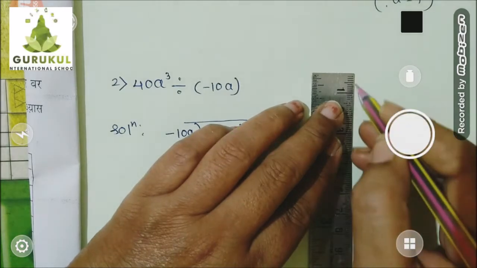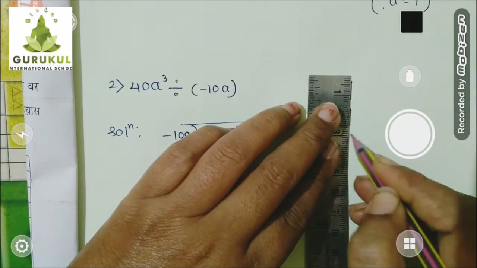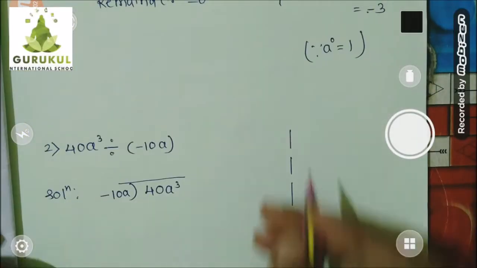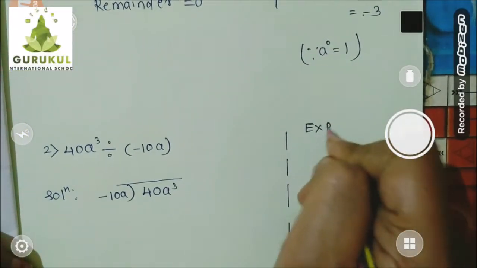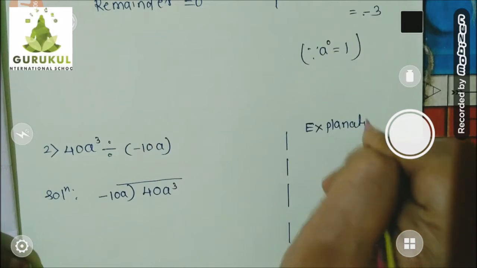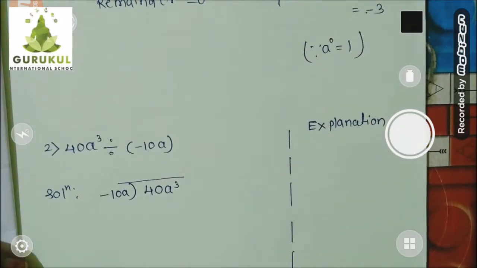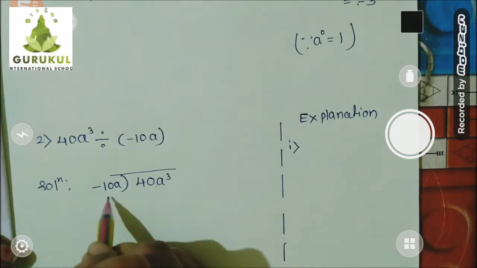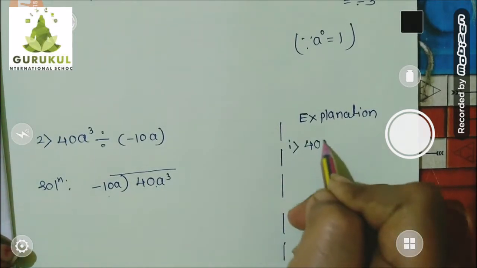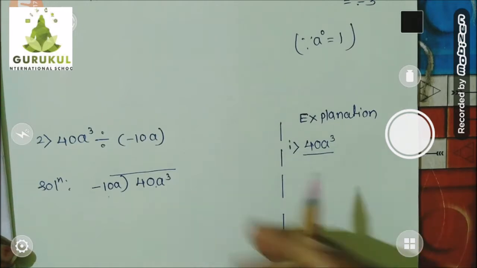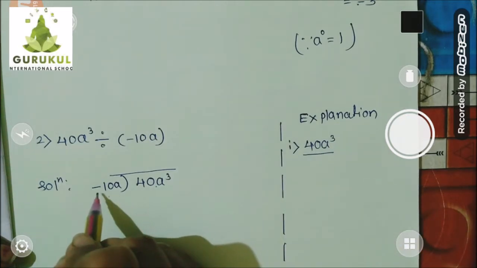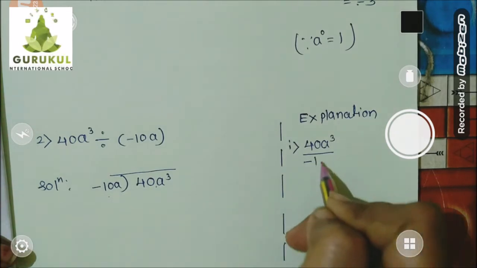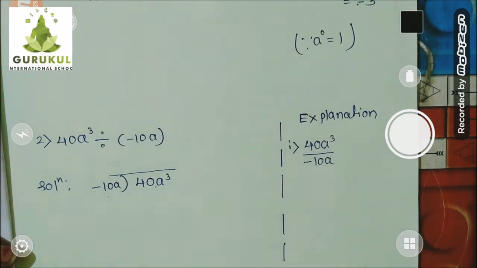Here I will write the explanation. In the explanation what I am going to write, this divided by this. So 40a cube to be written on the top, in the numerator, and whatever is your divisor I will write in the denominator position.